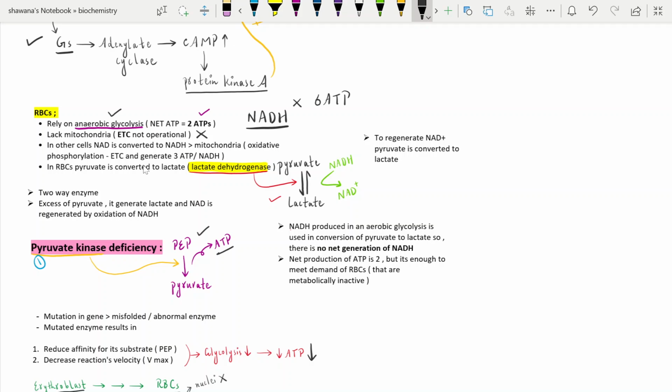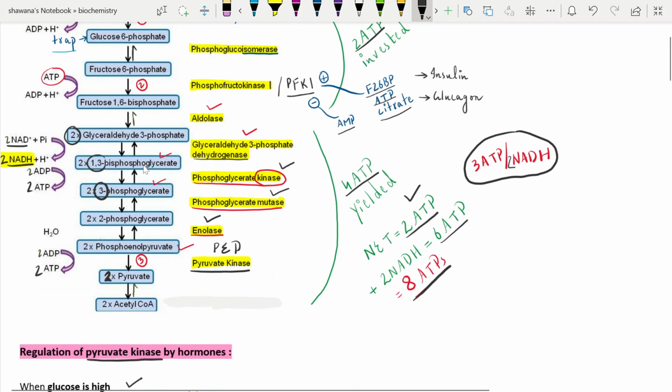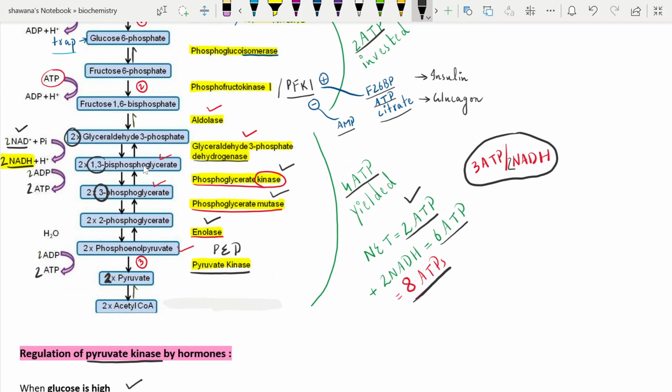But in RBCs, how are we going to regenerate NAD positive? It's a very important molecule. Here you can see that NAD positive is converted into NADH, right? But for glycolysis to keep going, we need a bulk of NAD positive. In the cells performing aerobic glycolysis, oxidative phosphorylation is working.